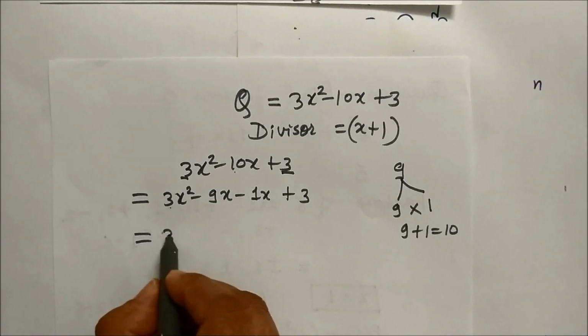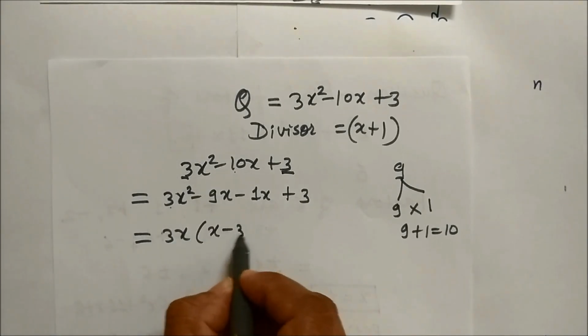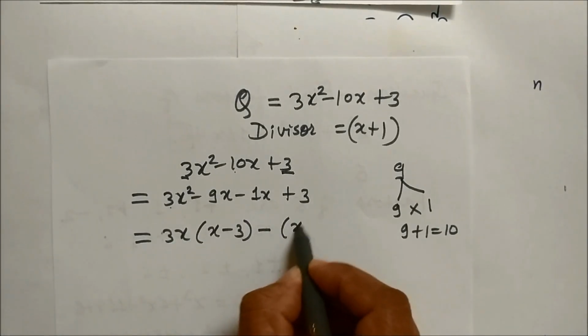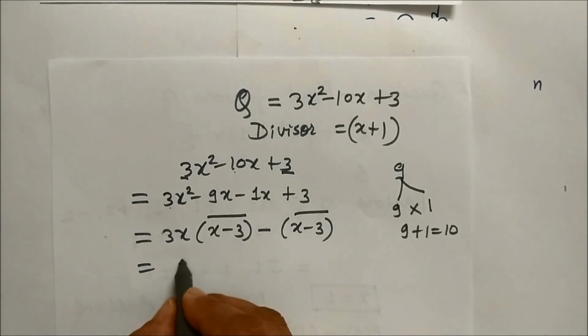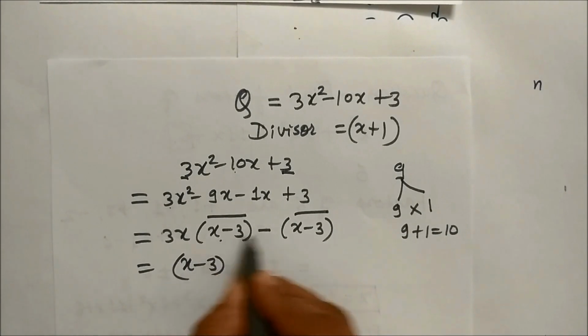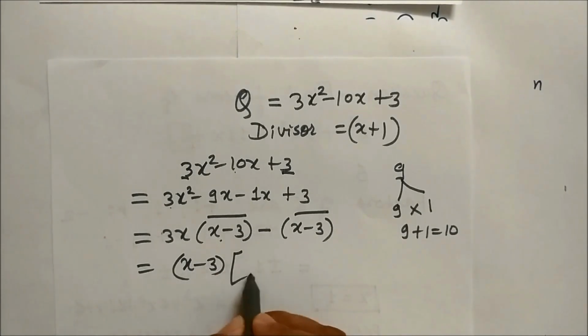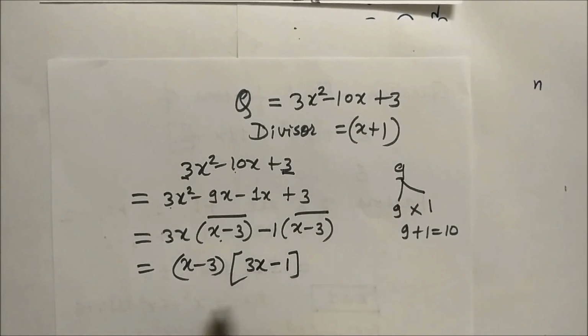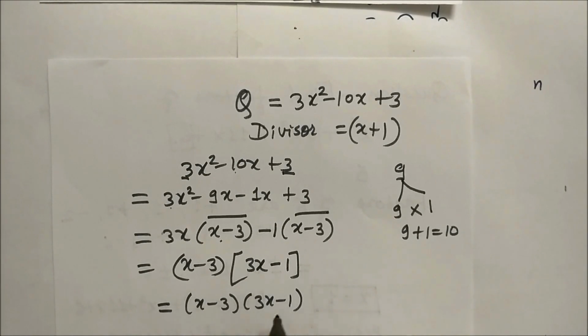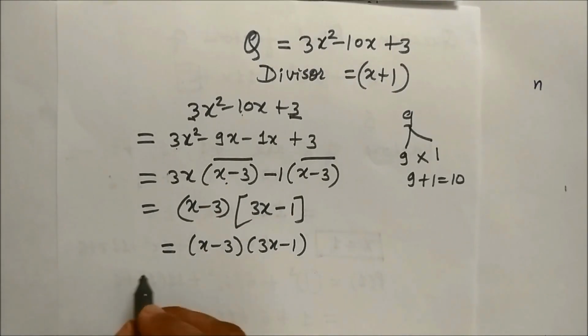We will take common from here 3x. So inside x minus 3, we will take common minus 1 inside x minus 3. X minus 3 here, x minus 3 here also. So we can take x minus 3 from both the parts common. Here inside 3x, here nothing, that means 1. So we'll write here minus 1. X minus 3 and 3x minus 1 are the remaining two factors.